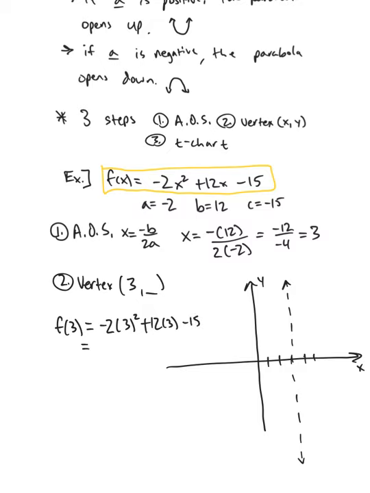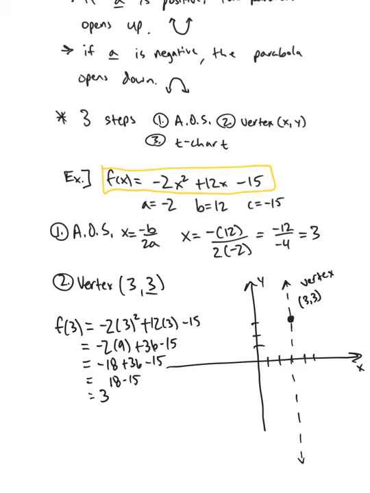Then we simplify this. Negative 2 times 9 plus 36 minus 15. This is negative 18 plus 36 minus 15, which is 18 minus 15, or 3. So the vertex is the point 3, 3. And so we're going to plot that point 3, 3. That is our vertex.